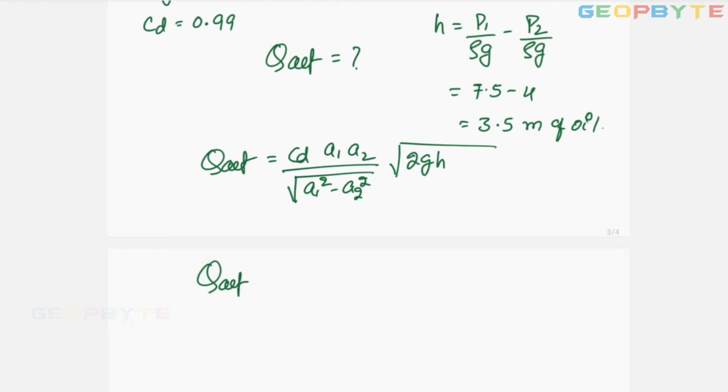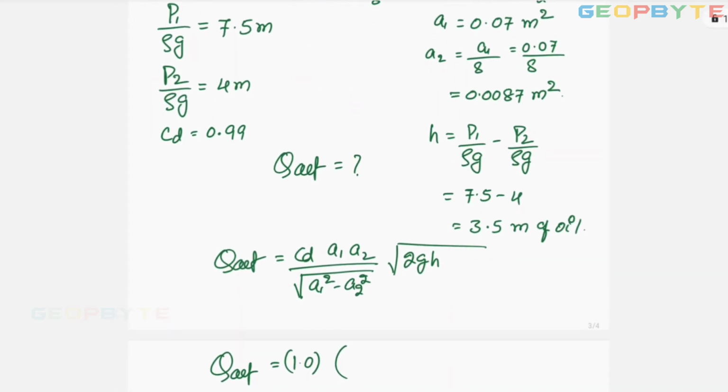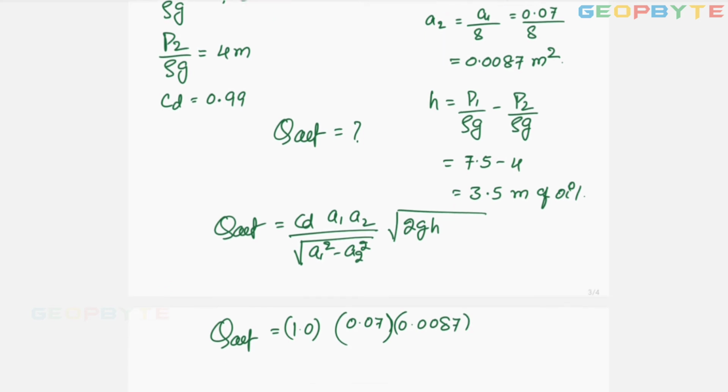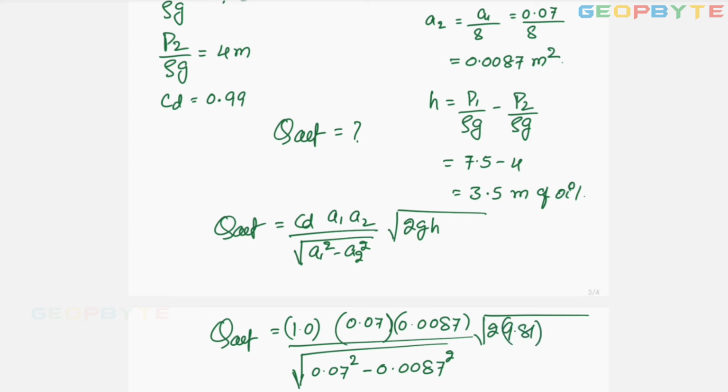So actual discharge equal to, coefficient of discharge is assumed as 1, A1 0.07, A2 is 0.0087, divided by root under A1 square, so A1 square is 0.07 square minus 0.0087 whole square, into 2 into 9.81 into pressure head 3.5 meters.